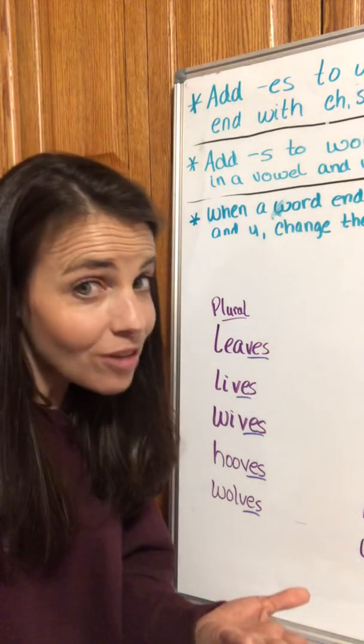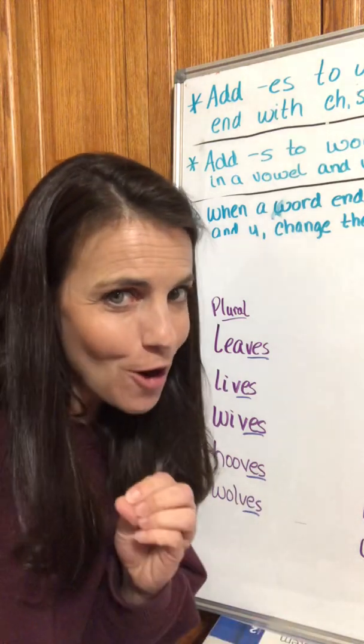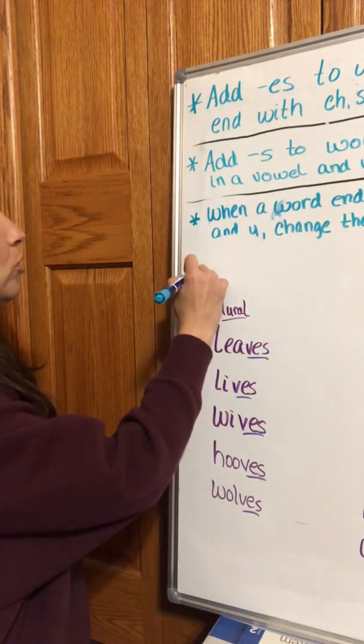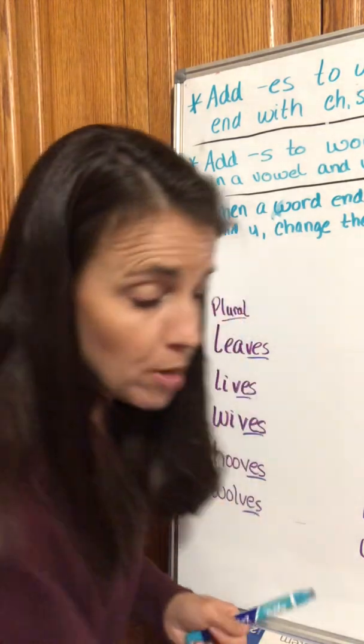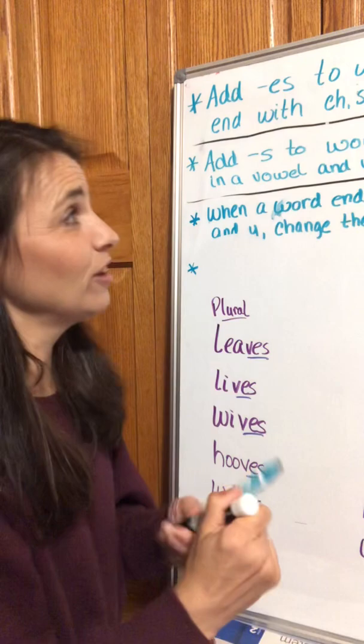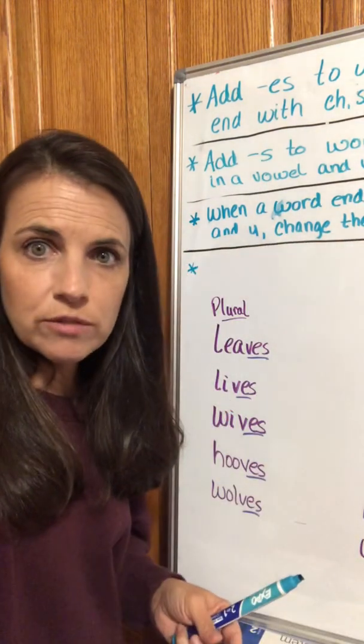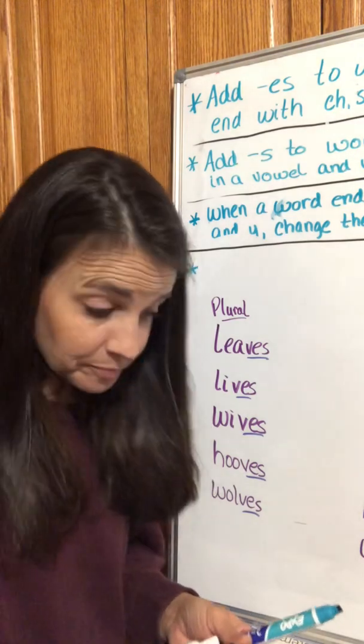And as always, you're geniuses, so I know you got this right. The rule would be, for most words, and I'm going to say for most because we have the English language, and we all know that our language is full of rule breakers.